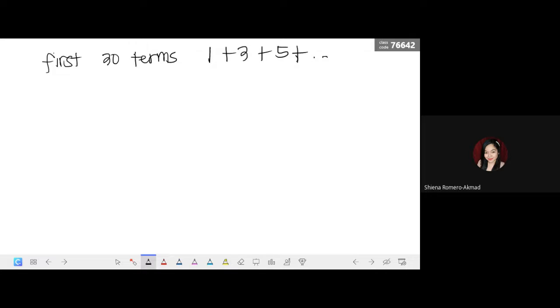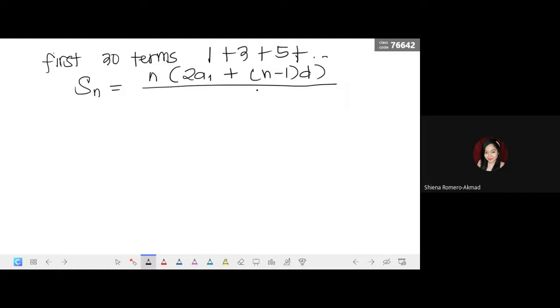Okay? So, wala tayong last term again. We'll use the formula. S sub n is equal to n times 2 a sub 1 plus n minus 1 divided by 2. Alamin muna natin ano yung a sub 1, ano yung d, ano yung n.